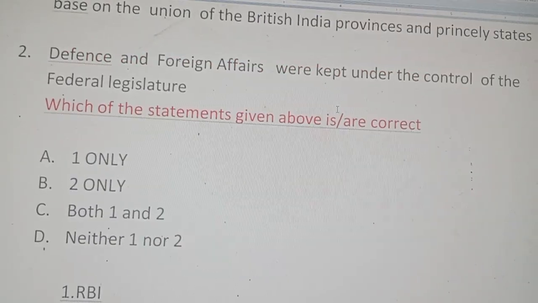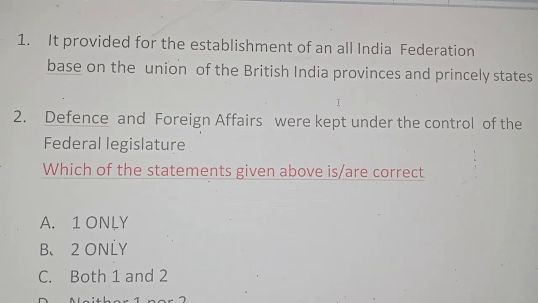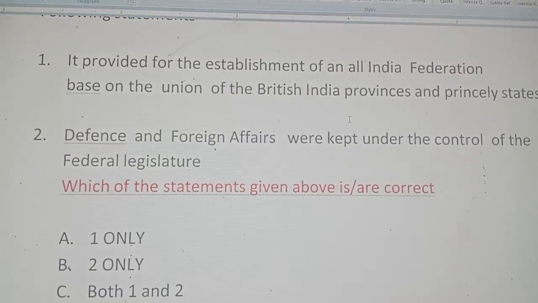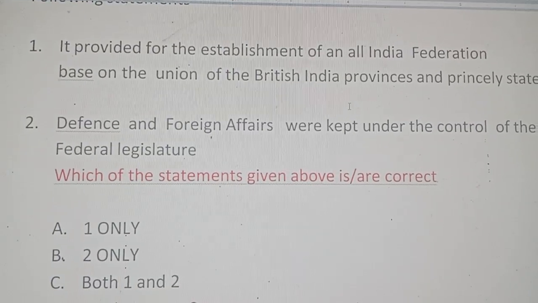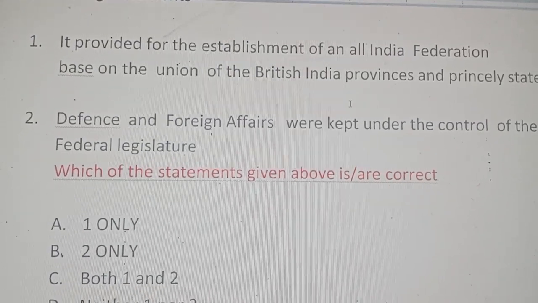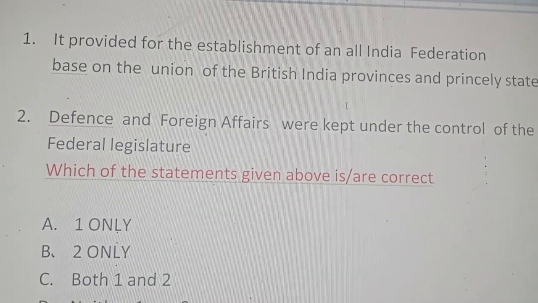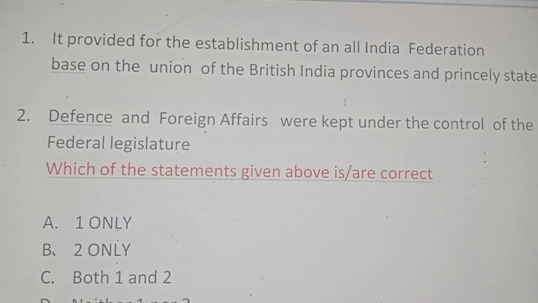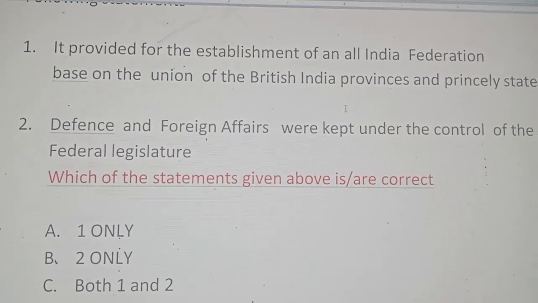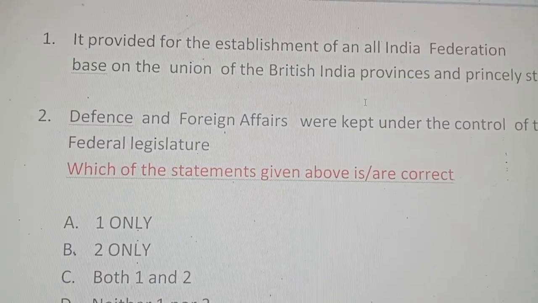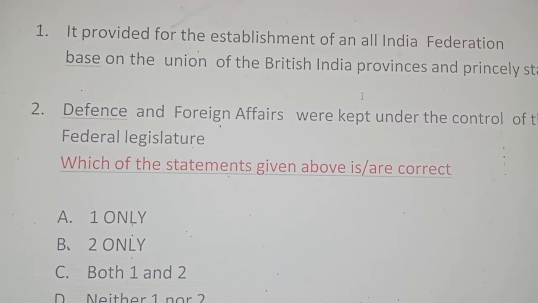The All India federal system was provided by this act, but it was not fully implemented, only partially implemented.